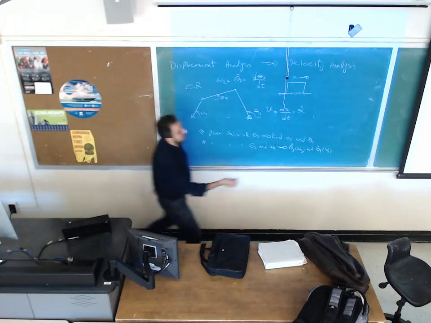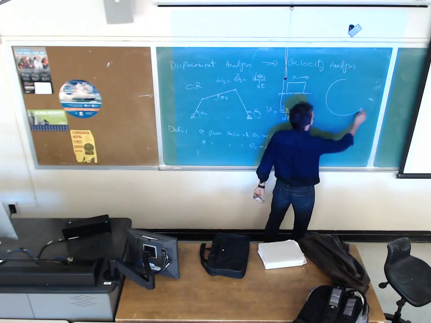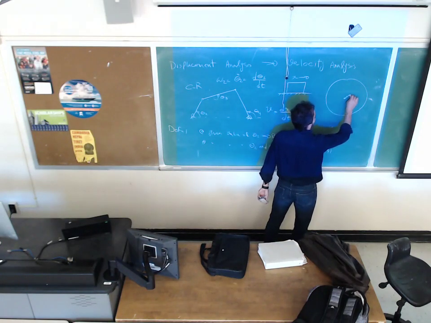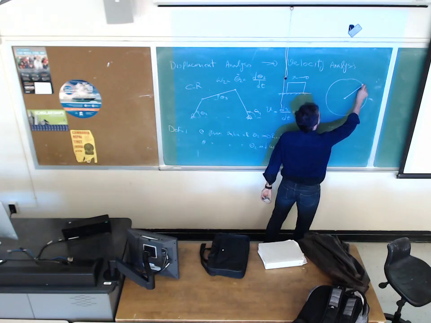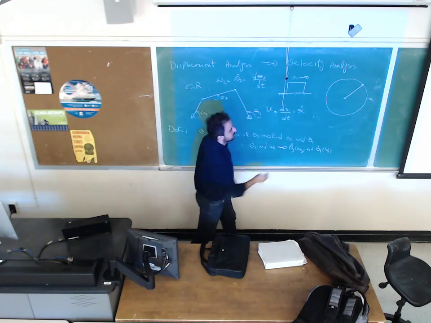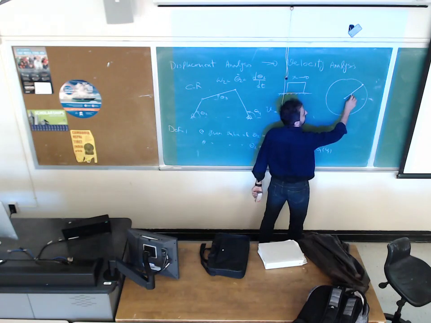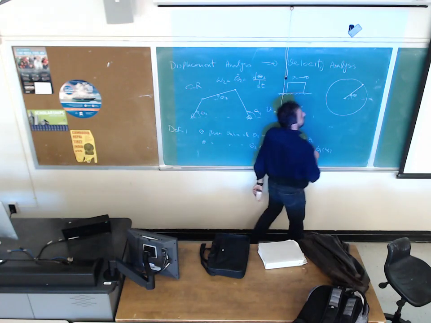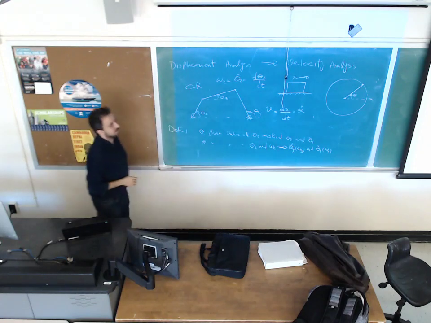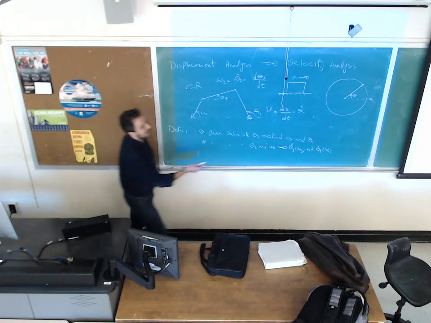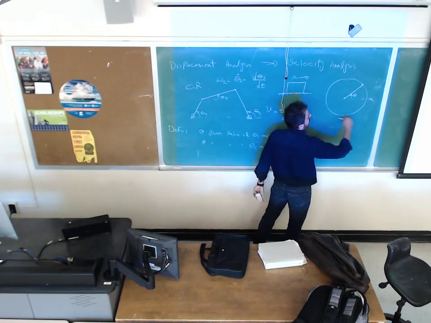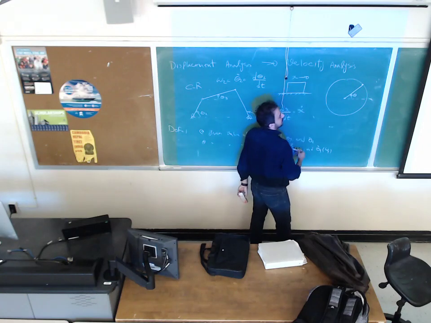We have angular velocity as well. Suppose this bar has the angle of theta with the horizontal line, and it's moving along this circle.